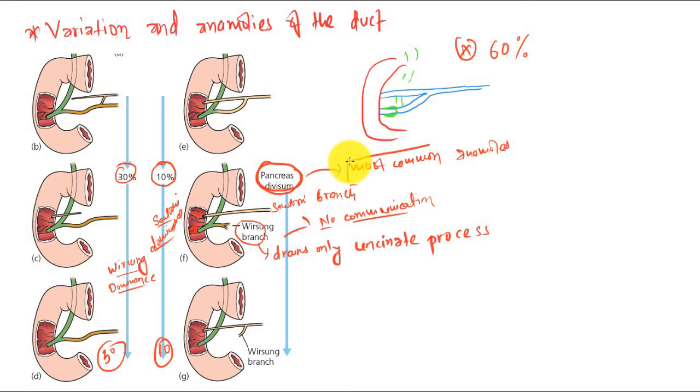In these 10% of cases, the opening of the Santorini branch is so small that it can result in pancreatitis later on due to the huge flow of all the pancreatic enzymes through this duct.